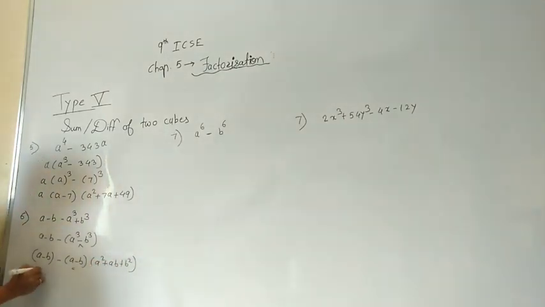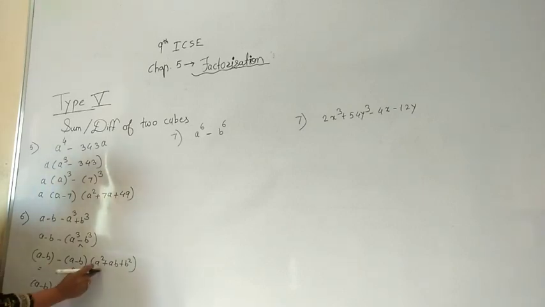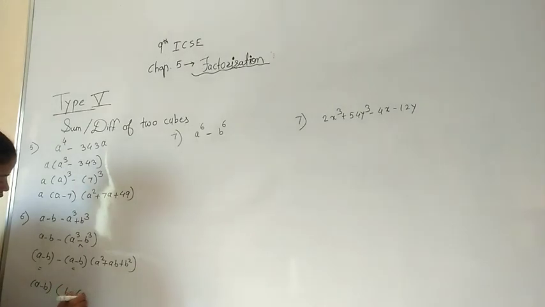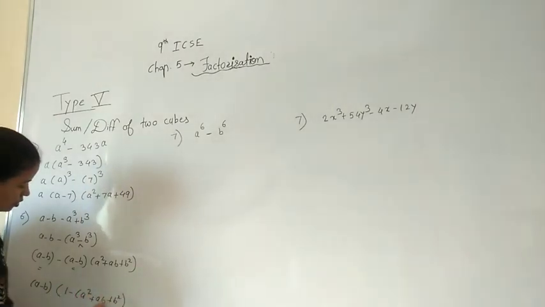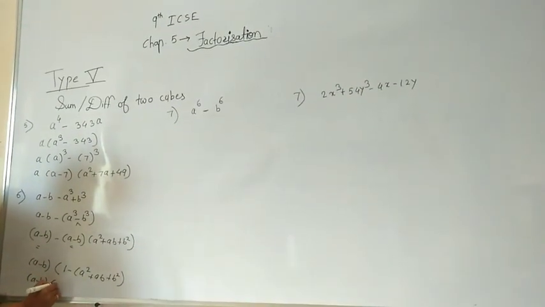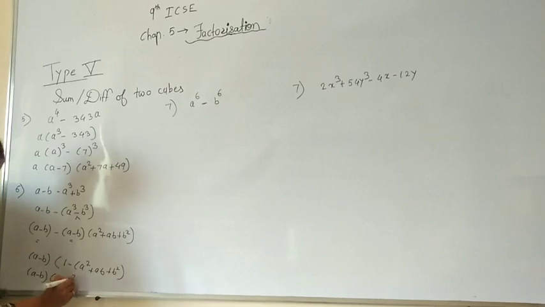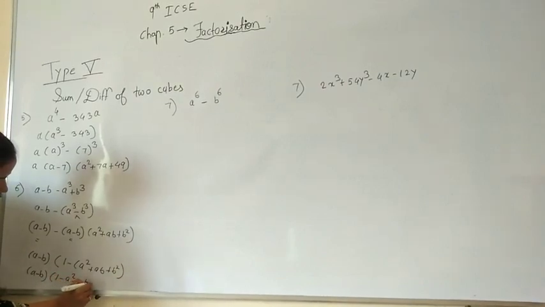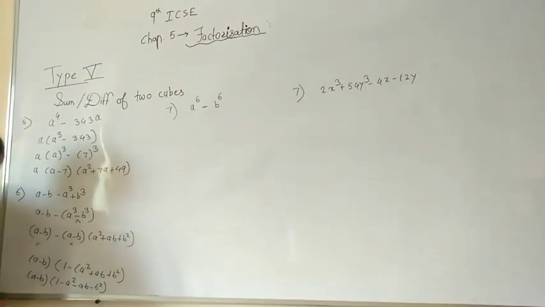Now a minus b, take one common. So a minus b is common. In other bracket, 1 minus this whole bracket, a square plus ab plus b square. So that a minus b, 1 minus a square minus ab minus b square.